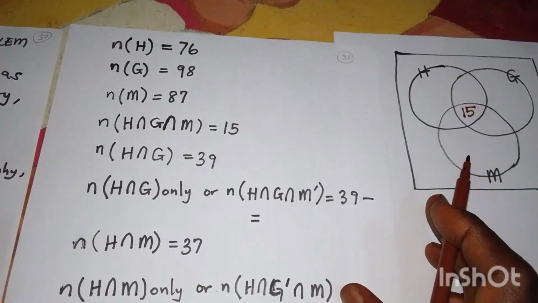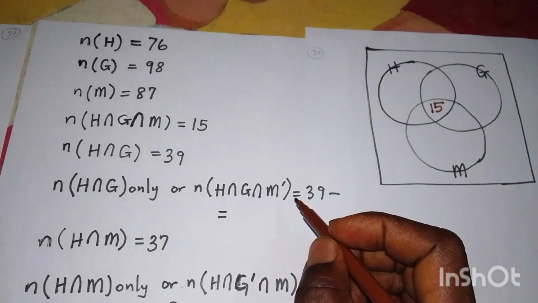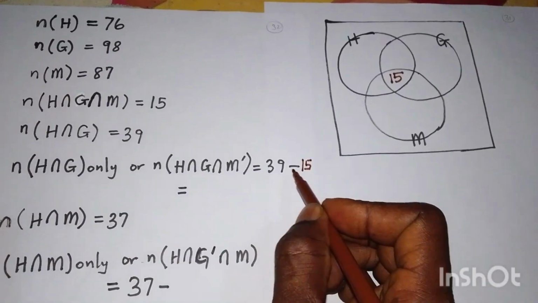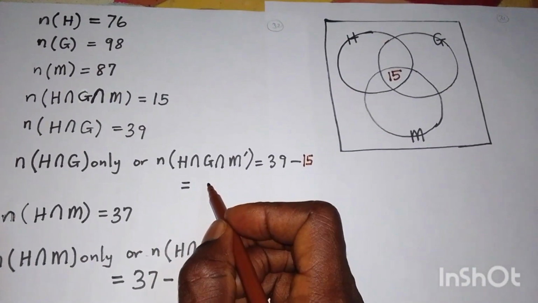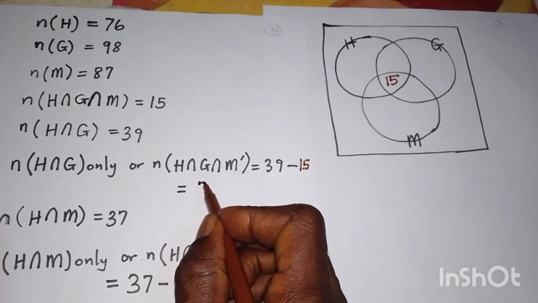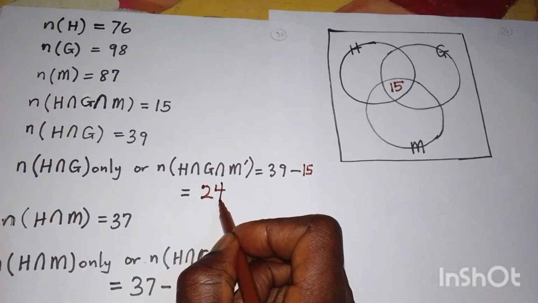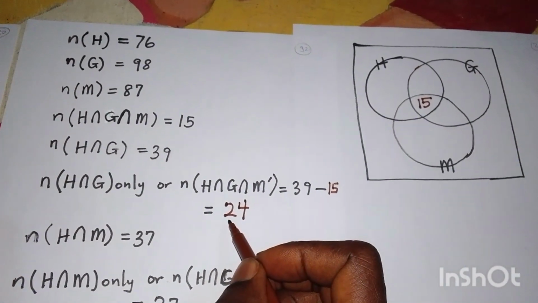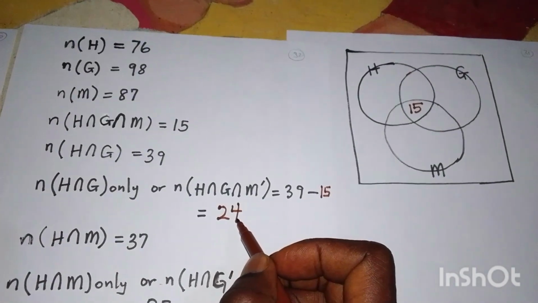So we know that those that like history and geography only will be 39 minus 15. 39 minus 15, we are having what? 24. So it means 24 students like only history and geography.